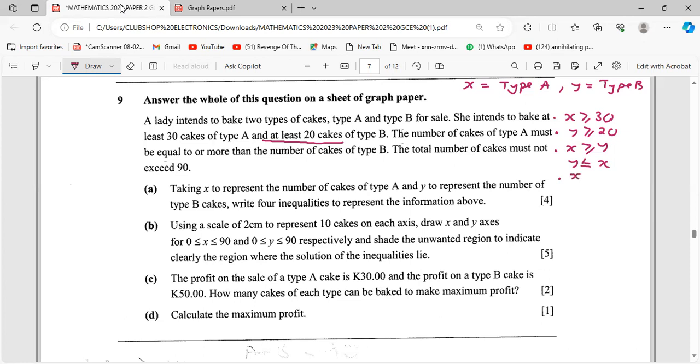When we add them, X plus Y is less than or equal to 90. And these are the inequalities.